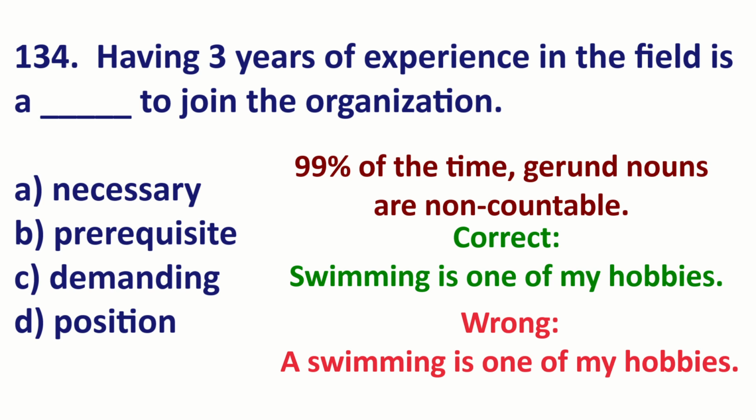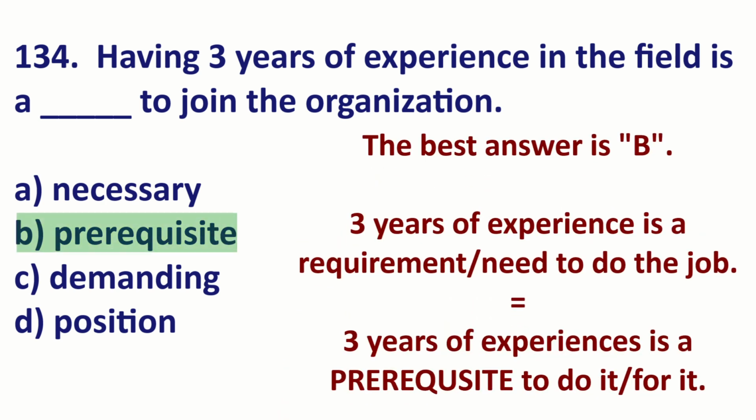We can eliminate C because gerunds 99% of the time will not have an a before them. So it's either B or D. Well, we learned this word, prerequisite. It's a requirement. It's something you need. So the answer here is B.